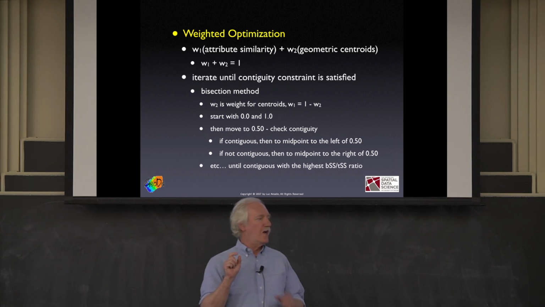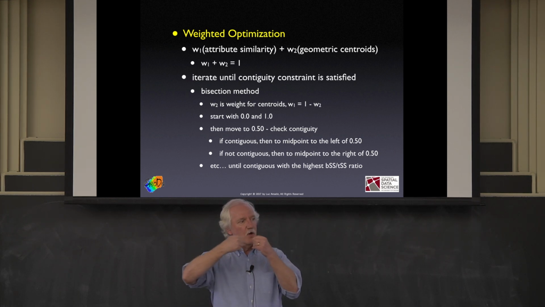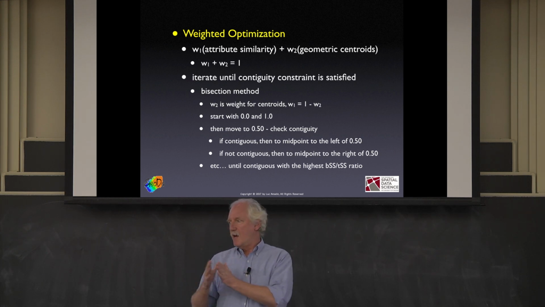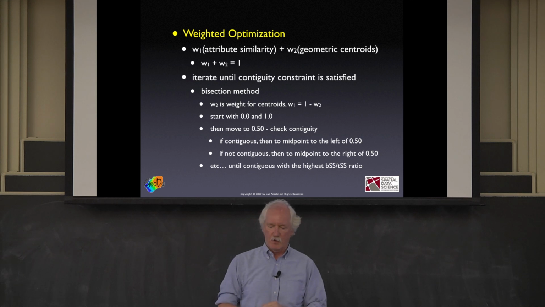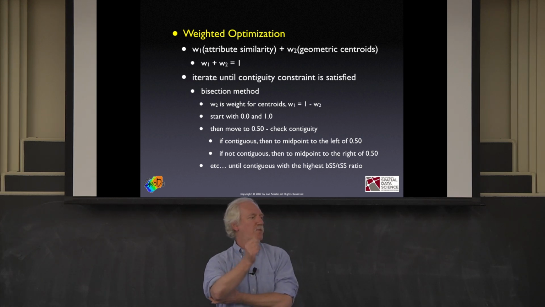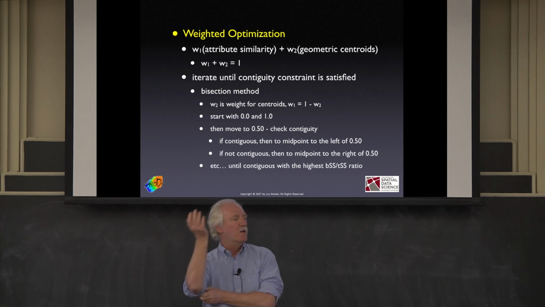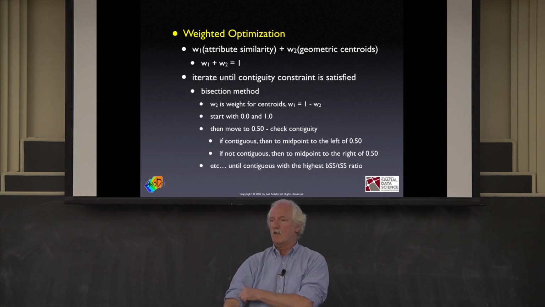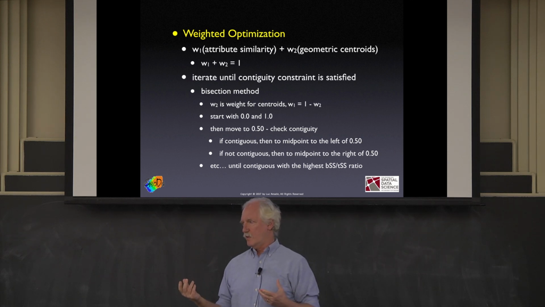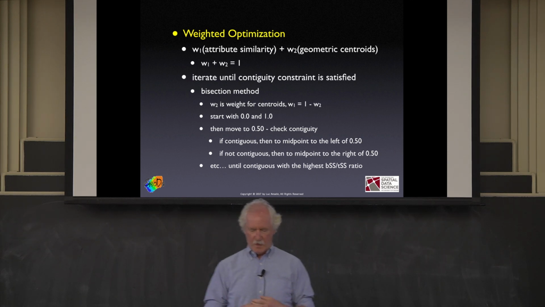So we're trying to get these entities to be as close geographically as possible, which we get by minimizing the distance between the centroids. That's how it works. And so it's multi-objective. If you give full weight to attribute similarity, we're back with k-means. If you give full weight to geographic similarity, we basically do k-means on the x and y coordinates. And we'll see in a second what that looks like.